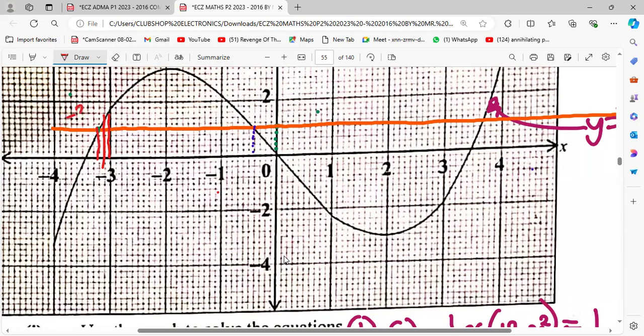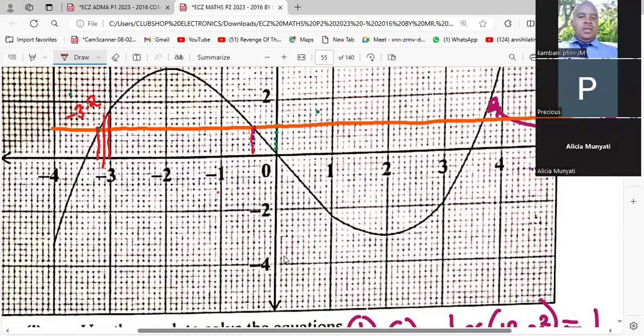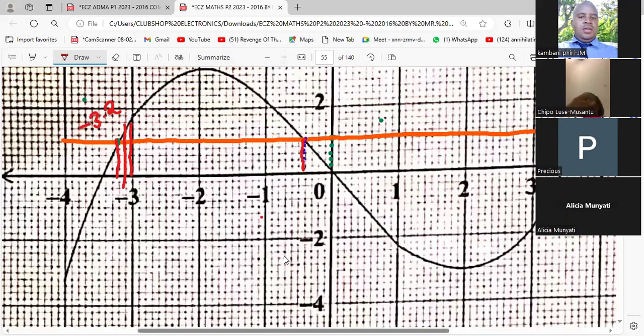So it's supposed to be negative 3.2. How about at this point? Who can tell me here? Though the lines are not visible, I don't know if it's 0.4, negative 0.4. 1, 2, 3, 4, since we are going the negative side. Yes, because it is on our left, so it's supposed to be negative 0.4. Okay. Is that fine?